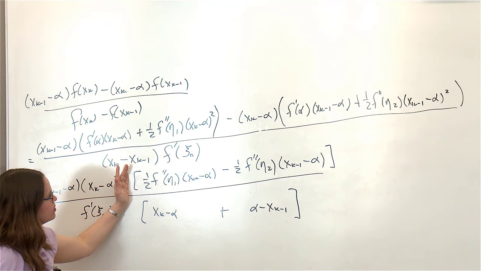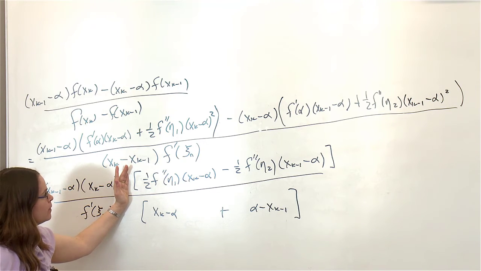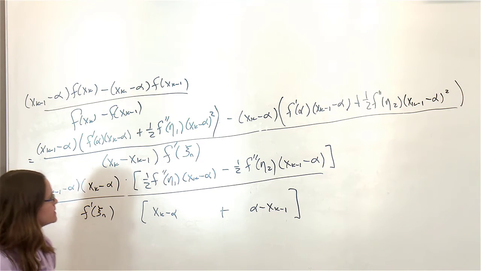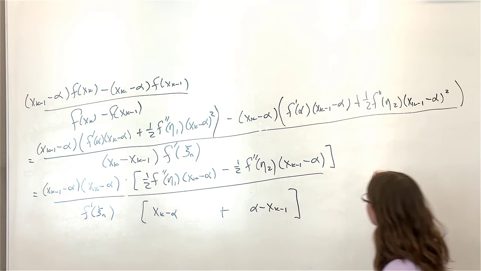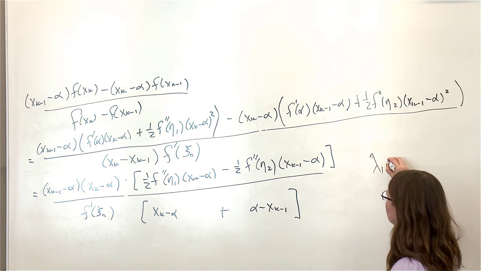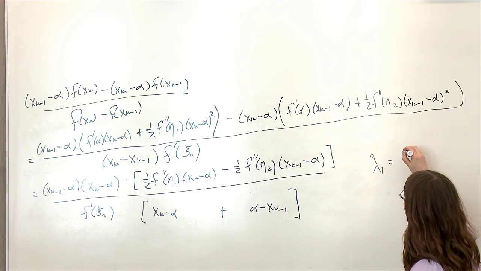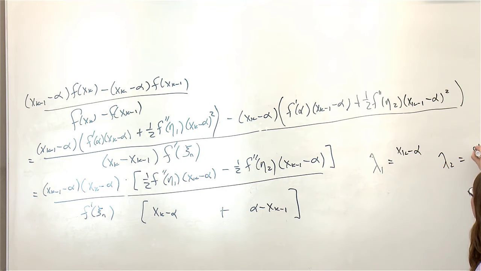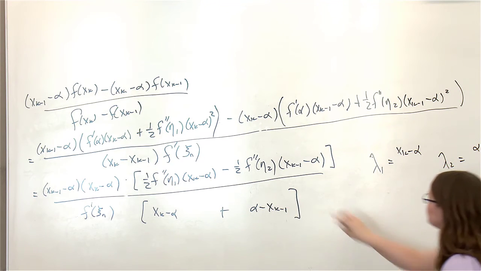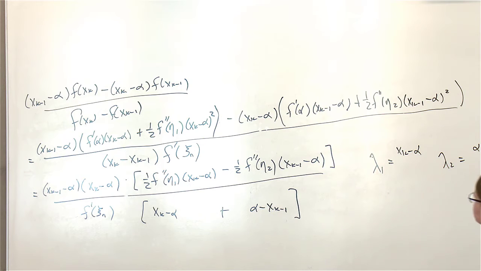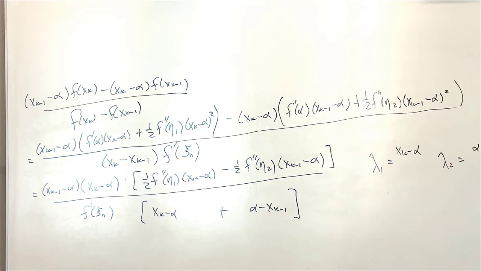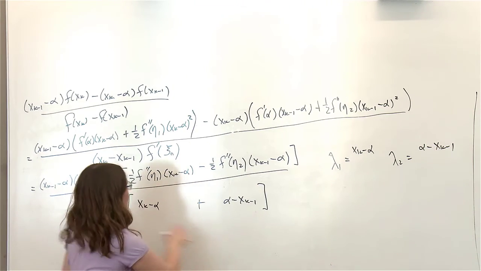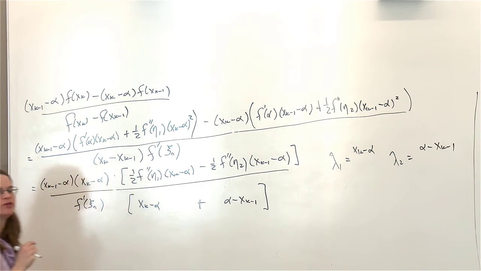Okay. So all this looks a little bit messy, but it's actually going to simplify really nicely. So let's just say I decided to write lambda 1 equals xk minus alpha, and lambda 2 equals alpha minus xk minus 1. That's the negative of this. And I note that the denominator is actually the sum of my lambda 1 and lambda 2.